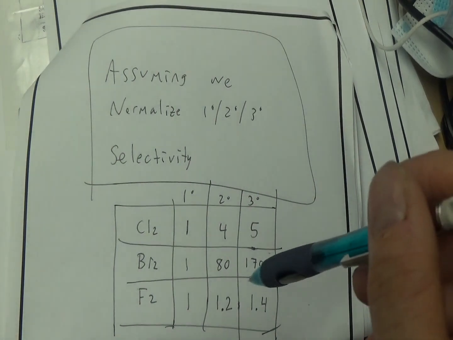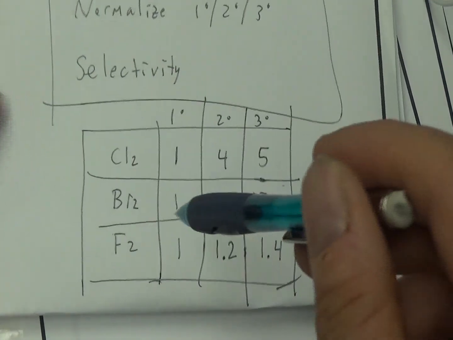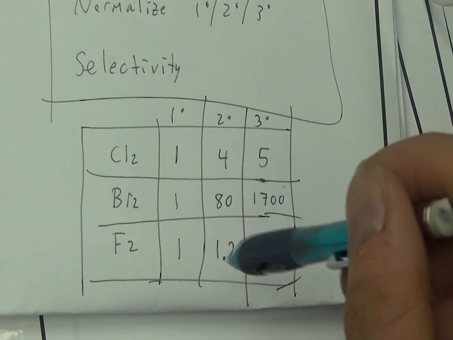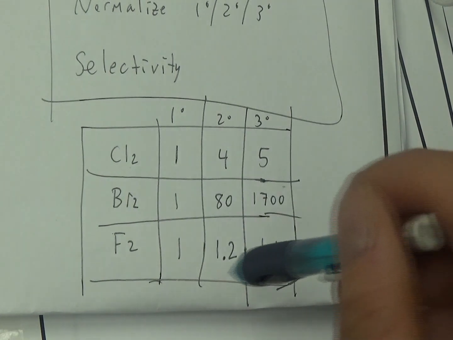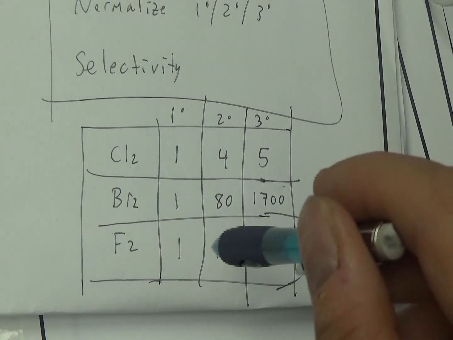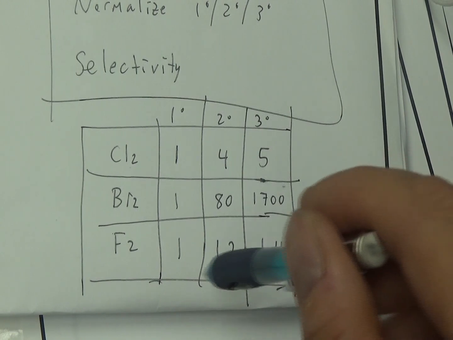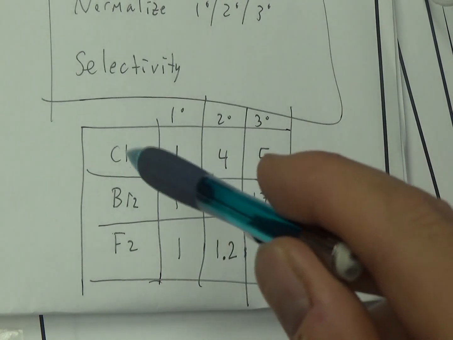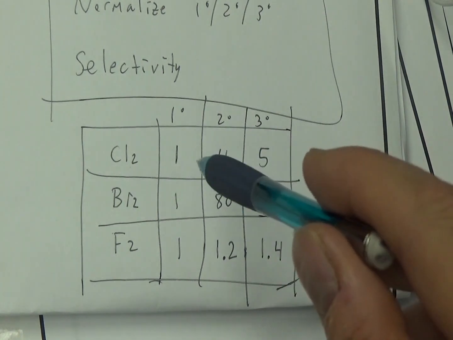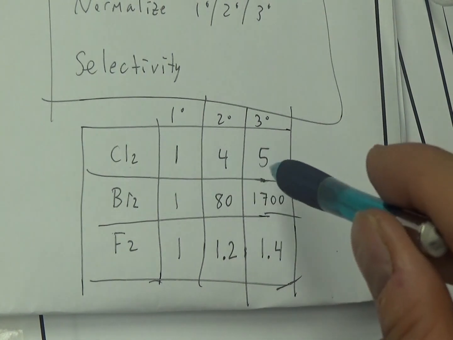And the main conclusion here, remember, was that fluorination, for example, is very non-selective. There's a tiny bit of preference for secondary or tertiary, but it's very minimal. Chlorine's kind of in the middle of selectivity in terms of 1 to 4 to 5.